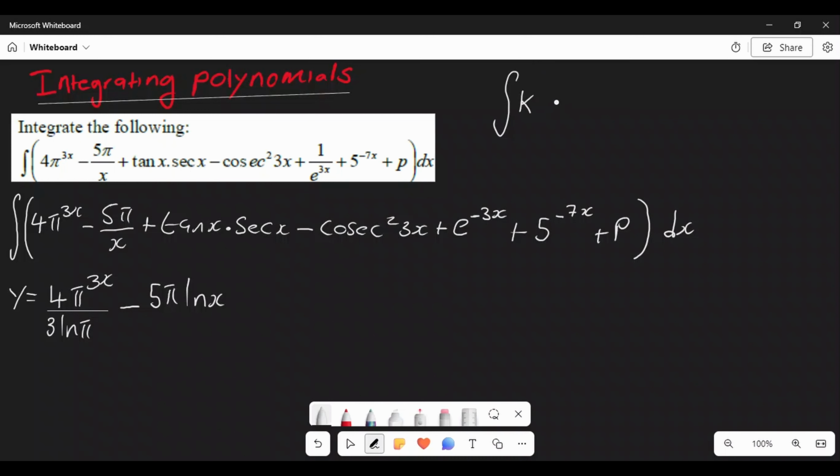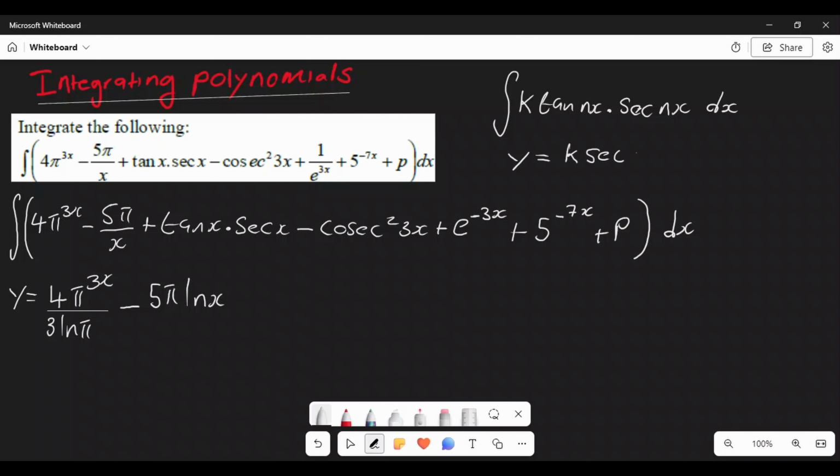So you want to have k, and then we have tan nx, where n is the coefficient of x, and then we have sec nx. When you integrate this one, guys, not differentiate, remember, actually the tan x sec x is a differentiation of sec. So when you go back, it's going to be k multiplied by sec.